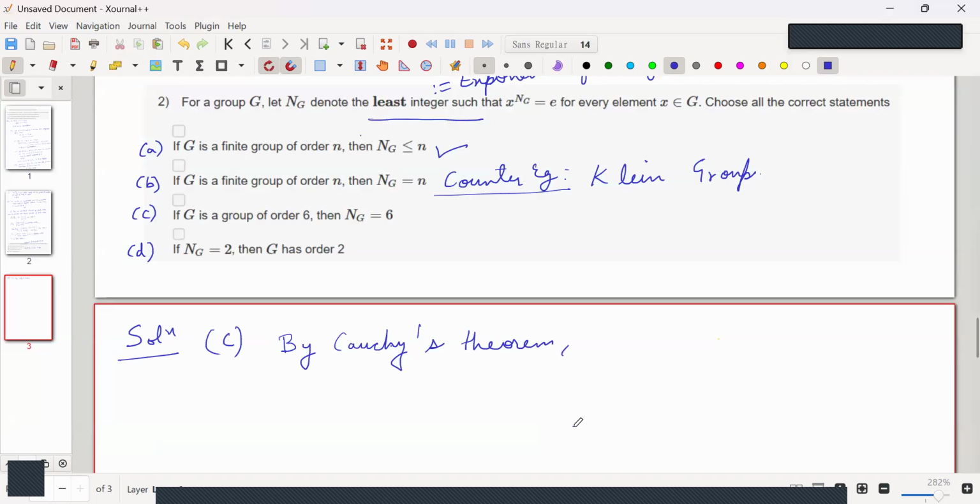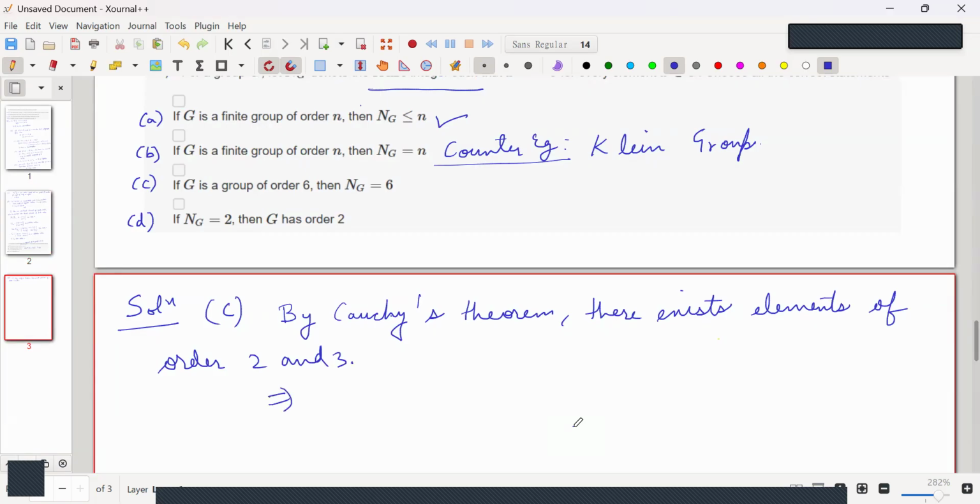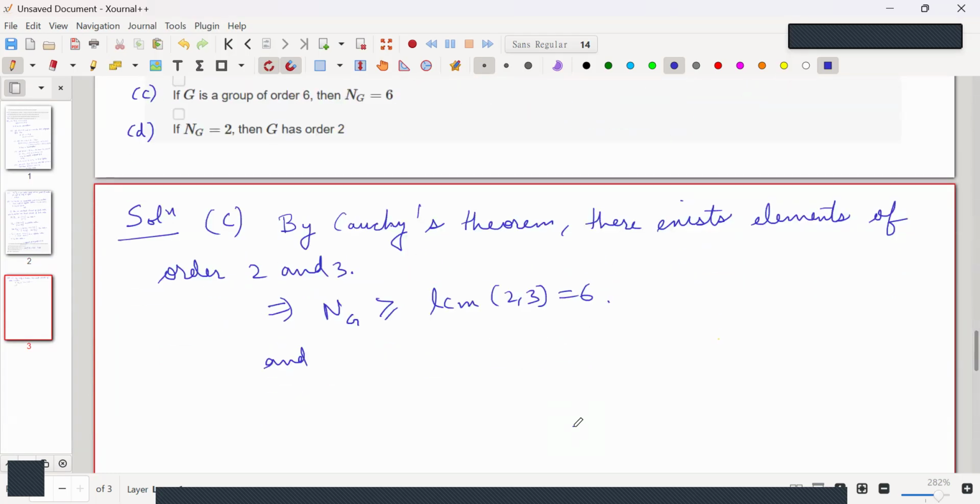By Cauchy's theorem, there exist elements of order 2 and 3, which implies Ng has to be greater than or equal to the LCM of 2 and 3, which is 6, and by part A, Ng is anyway less than or equal to the order of G, that is 6.